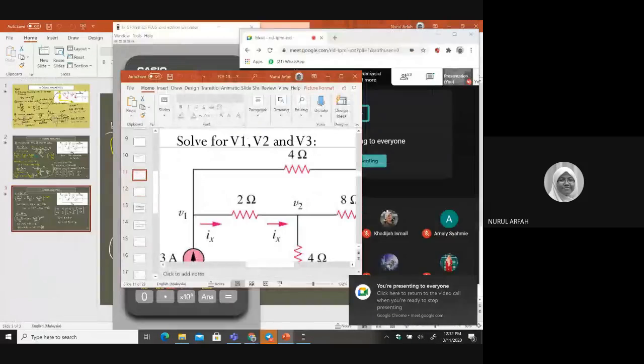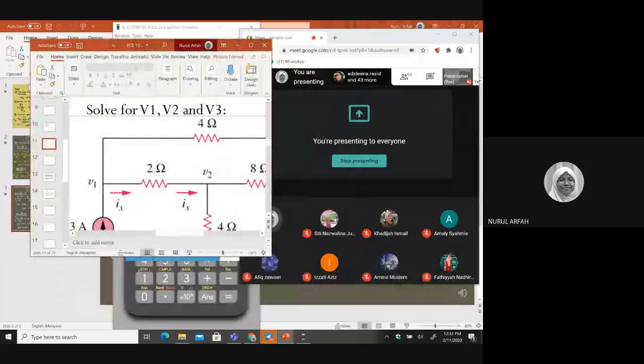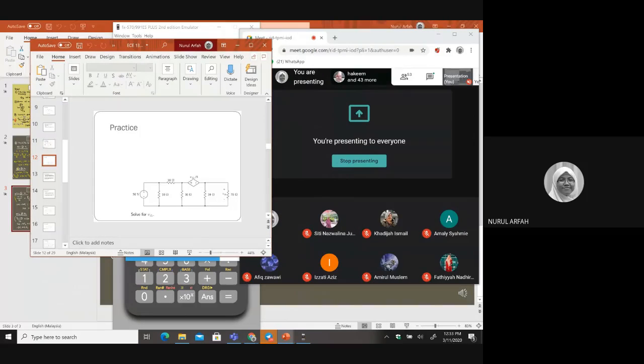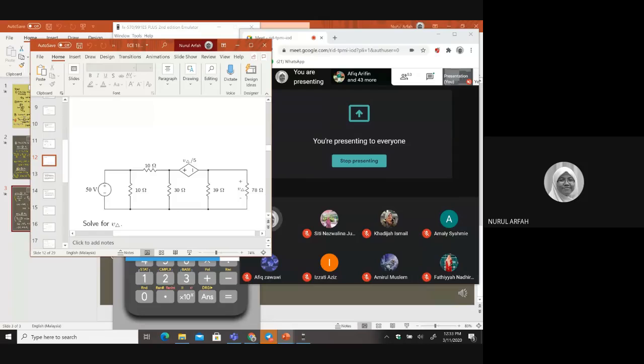Okay, anyone here with the answer for the question on slide 12, this part? Anyone? If you have, I will open your answer and then we can discuss this, because I want to look at how you draw this and figure out your answer. Anyone? Afi, yes. I wanted to ask how to do it if there is a supernode, but since madam wanted to explain first, I didn't have enough time to solve it, madam.